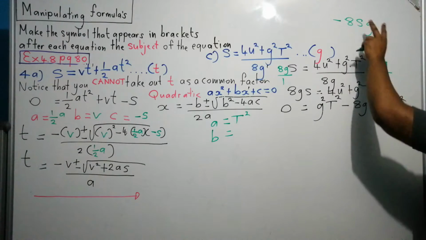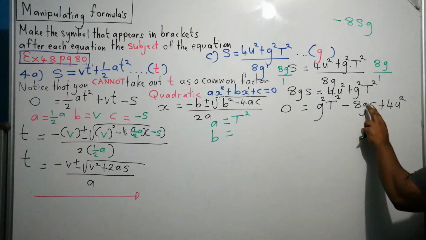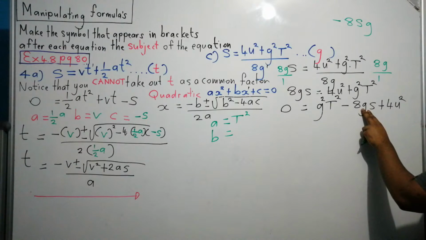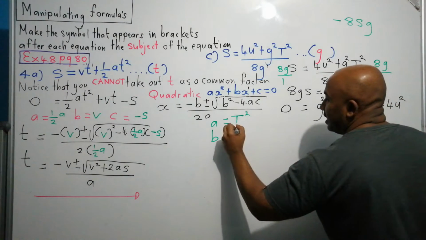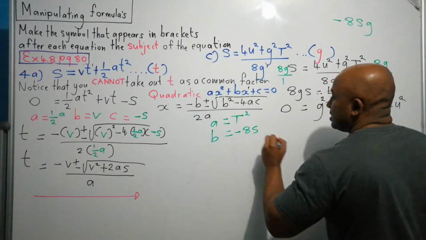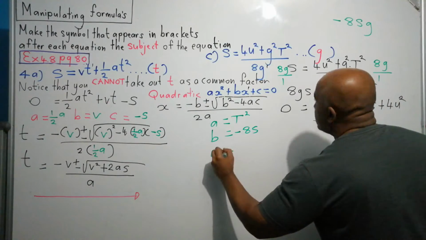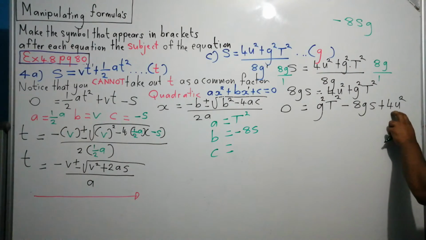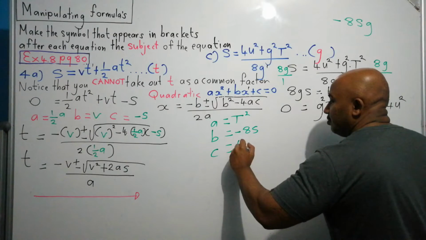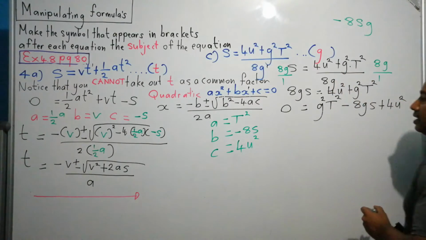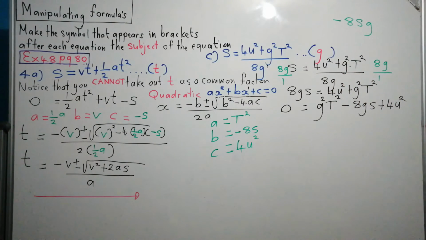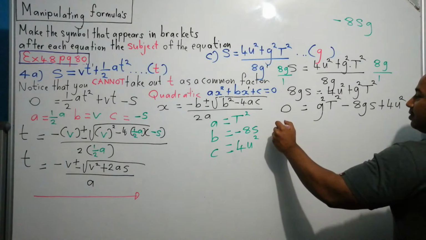Okay, it's not written in order, but you should understand the coefficient means everything that's multiplied by g. So it's going to be minus 8s there, and then c is your constant, which is 4u squared.